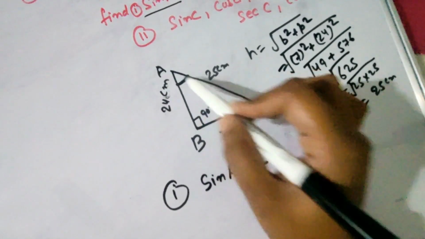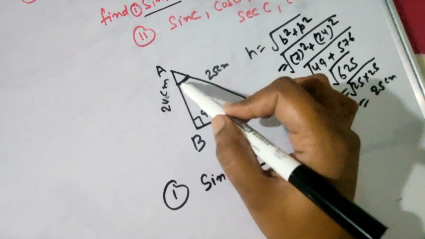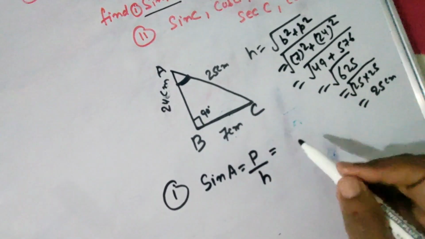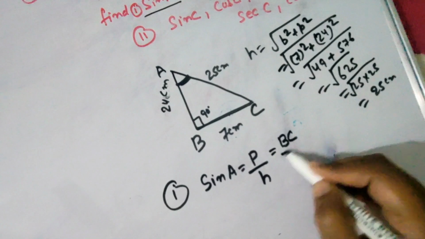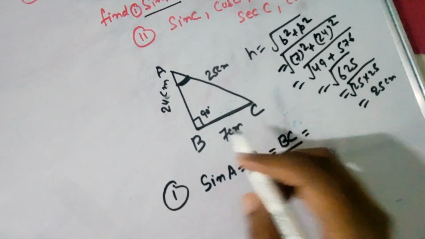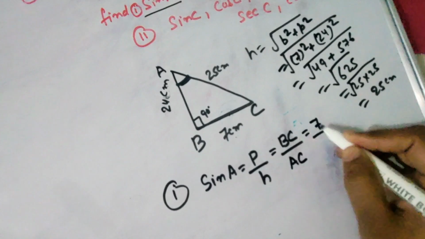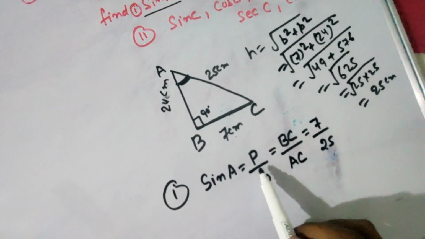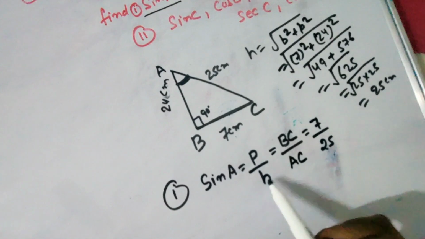Just the opposite side of angle A. This is angle A. Then what is the opposite side? BC. Then BC by hypotenuse AC. BC's value is 7. Hypotenuse value is 25.